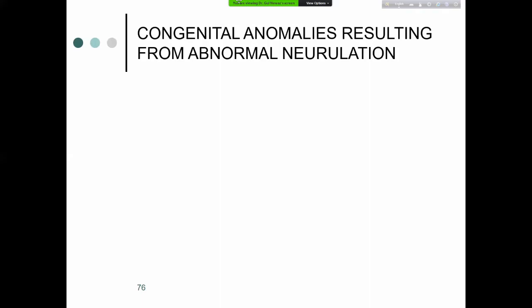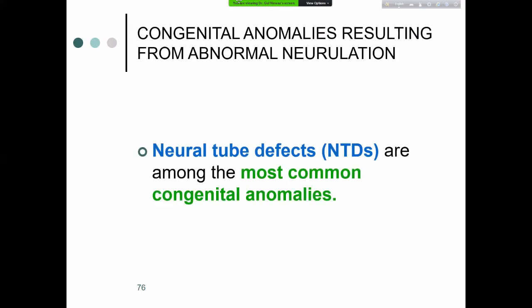If the folds of the neural plate do not fuse to form the neural tube, abnormalities will be there. Like neural tube defects, NTDs, are the most common congenital anomalies. Incidence is 16 out of 10,000.